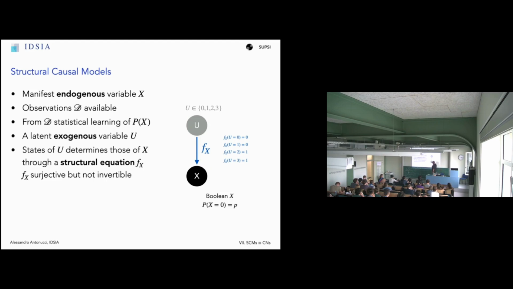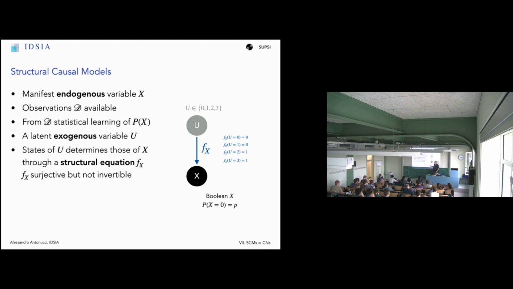So let's say that the state of x is determined by the state of u through a deterministic function. So for each state of u, I get a state of x. Say u is quaternary, sorry, I have four states. The first two states go to x equal to 0, and the last two states go to x equal to 1.